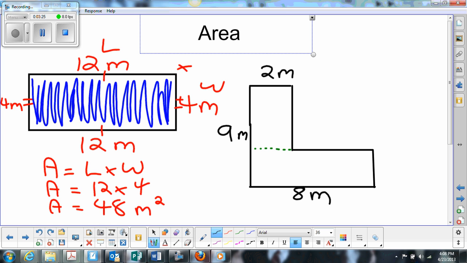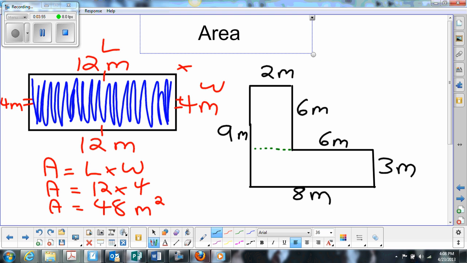If this is 2 meters and the whole thing is 8 meters, this must equal 6 meters because 6 plus 2 is 8, and this length is the same length as this. And let's say that this is 3 meters, and if that's 3 meters, then this also must be 6 meters because 3 plus 6 equals 9, and the vertical length, or the height, must be the same on each side. So 9 meters and 9 meters. 6 plus 3 is 9.